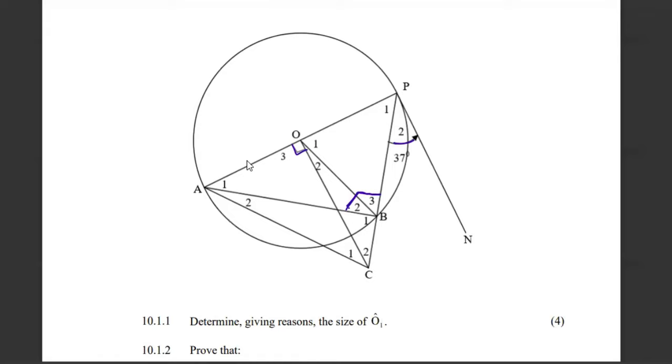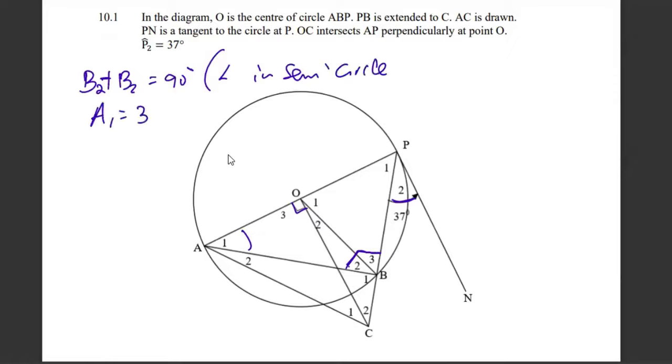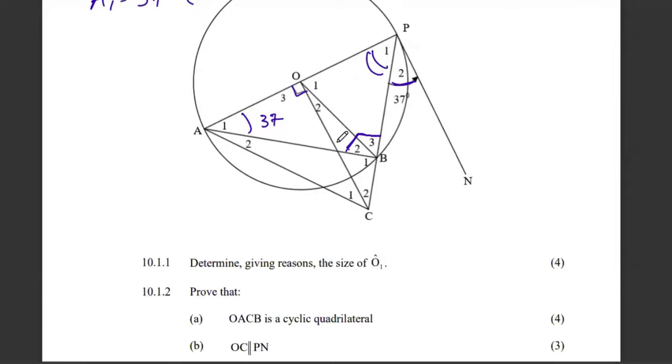And if this is 37, meaning that A1 must also be 37. So start by telling us that B2 plus B3 gives us 90, angle in a semicircle. But A1 is going to be 37 because of the tan chord theorem. And if that is 37, for us to get the B, what does the question want? They want O1.